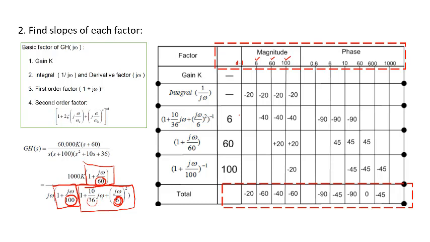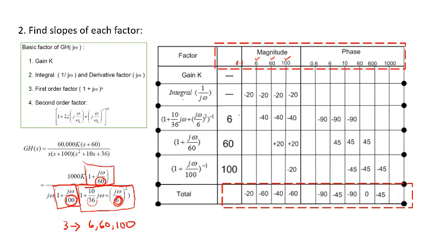So we have 3 corner frequencies, that is 6, 60 and 100. So this is where we want to plot the corner frequency for the magnitude part. So you can state the corner frequency for each magnitude point as 6, 60 and 100.